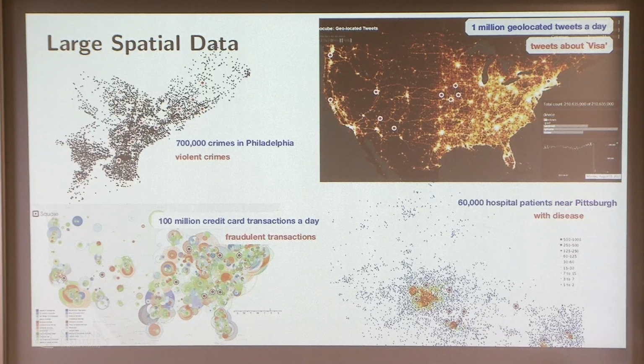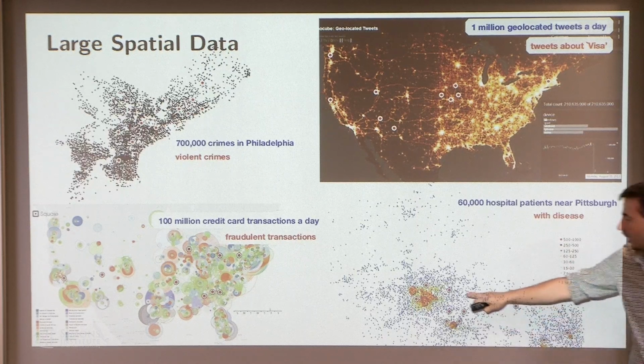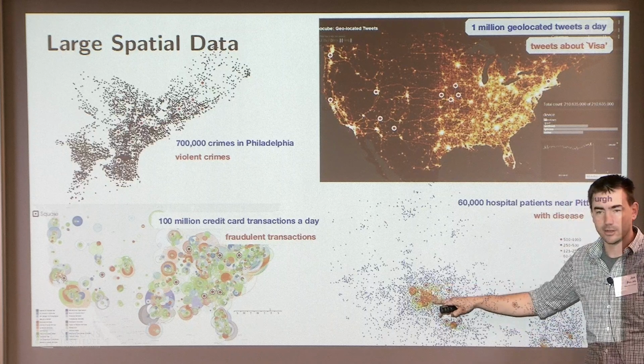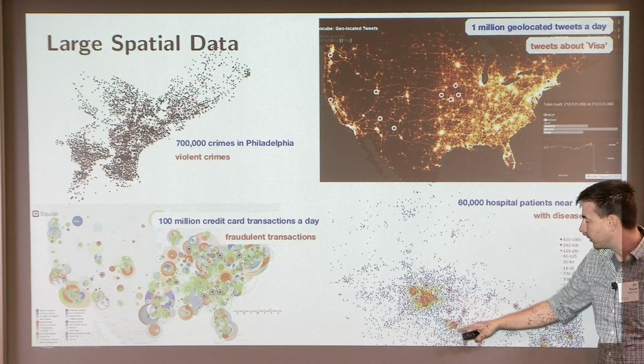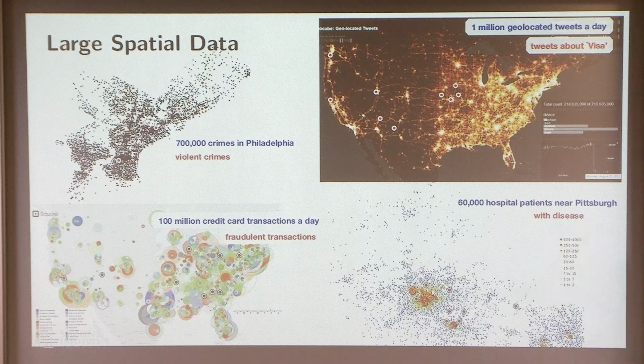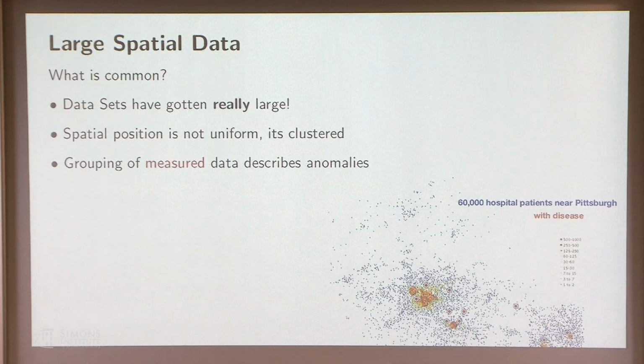There's spatial structure that I don't want to get in the way of understanding this measured property. Where does it spatially aggregate? I don't just want to know that the data is dense here around a city, but whether the measured data is dense relative to the background population.